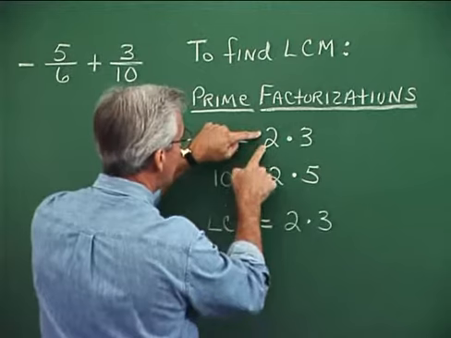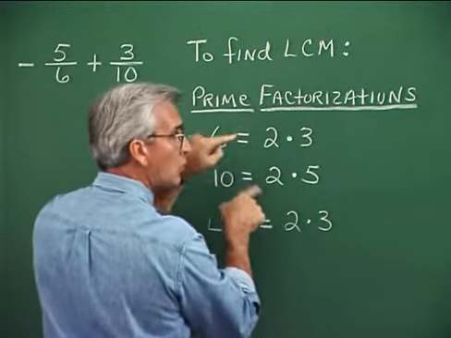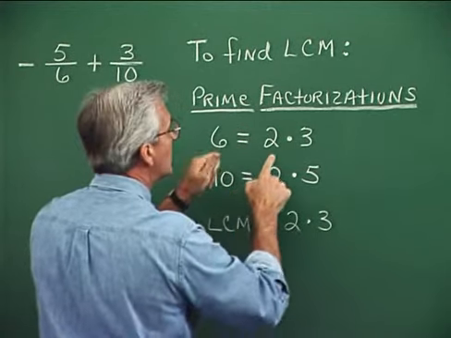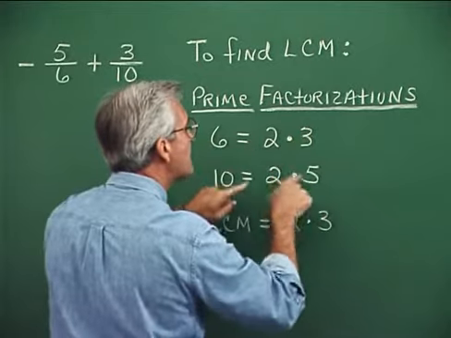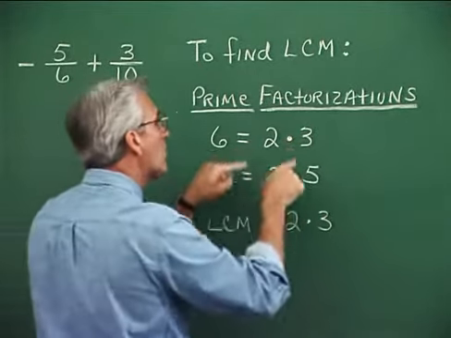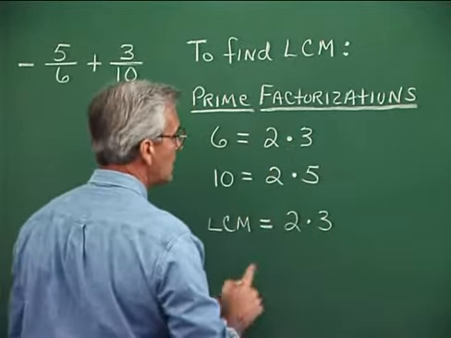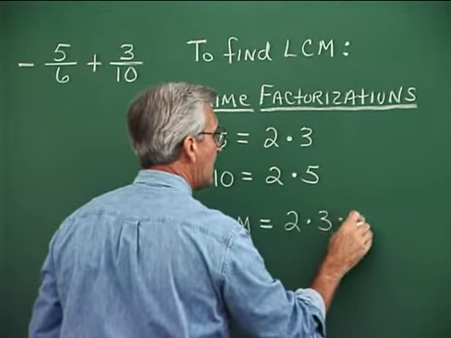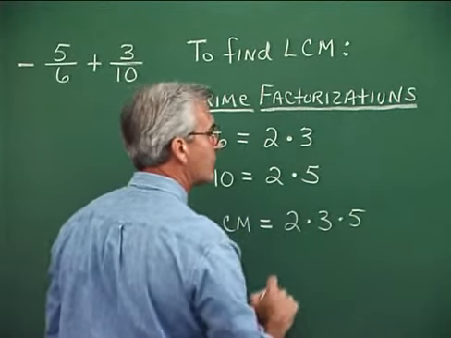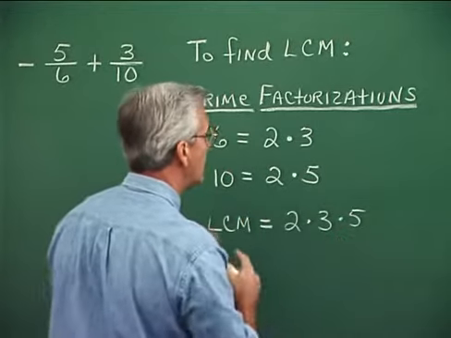Now 2 appears up here, 2 appears down here. We don't list it twice. We list every different factor that we see in either one of these prime factorizations. So it's 2 times 3 times 5. Let's see, 2 times 3, 6, 6 times 5, 30. Oh, it's 30 as we expected from before.